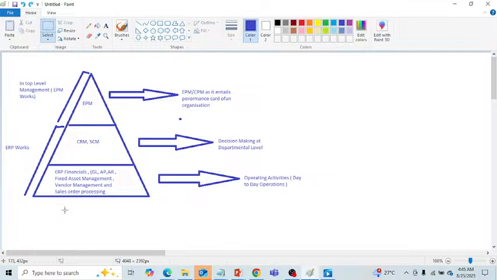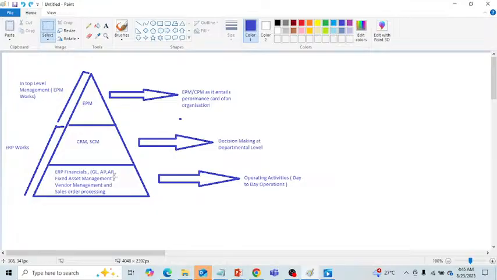And EPM includes budgeting, forecasting, financial consolidation, reporting, and strategic planning. If we talk about the data focus, ERP entails transactional data for operational efficiency, and EPM takes analytical data for performance tracking and decision making.